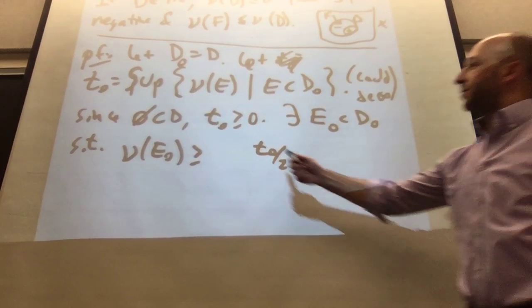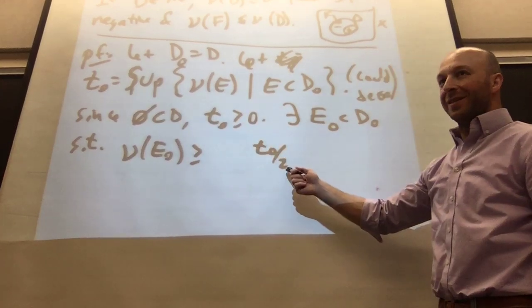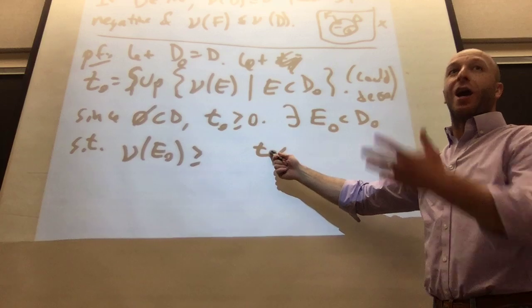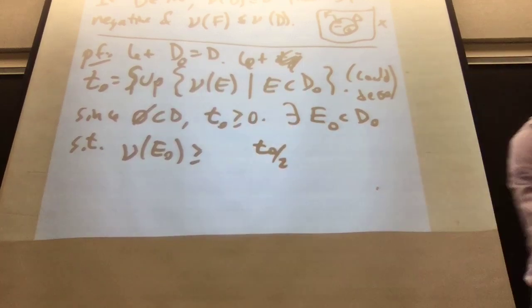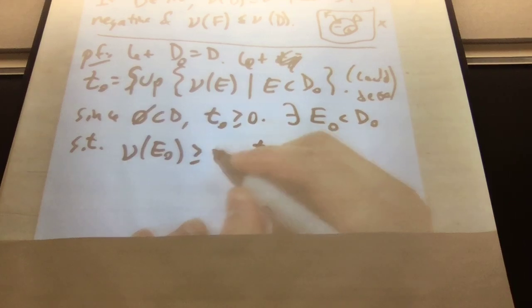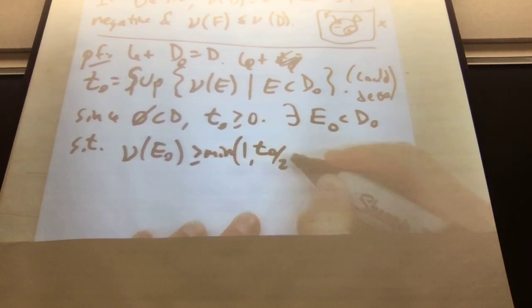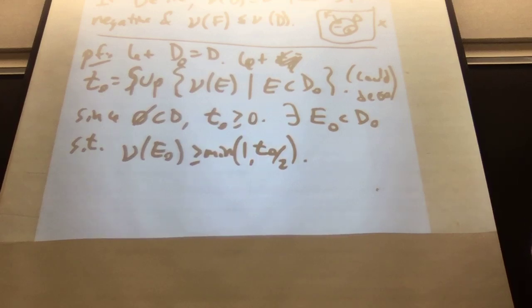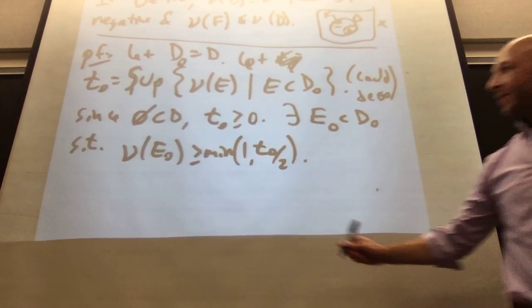So the case we're worried about is when T0 is positive. I do want this to be finite, though. So if T0 is giant, let's just say the smaller of T0 or 1. I do want this to have positive measure so that I can add and subtract things. Okay?